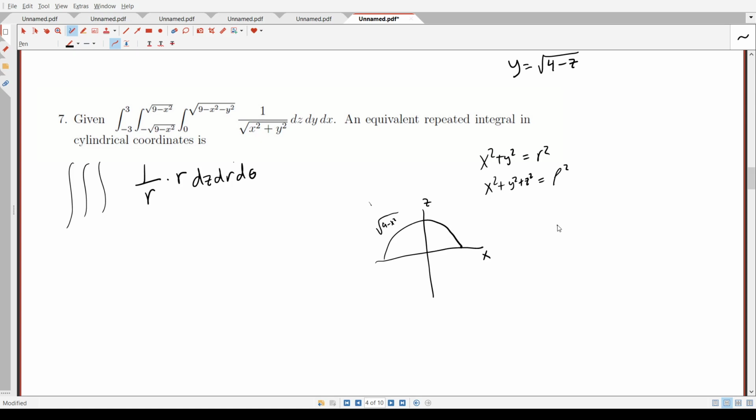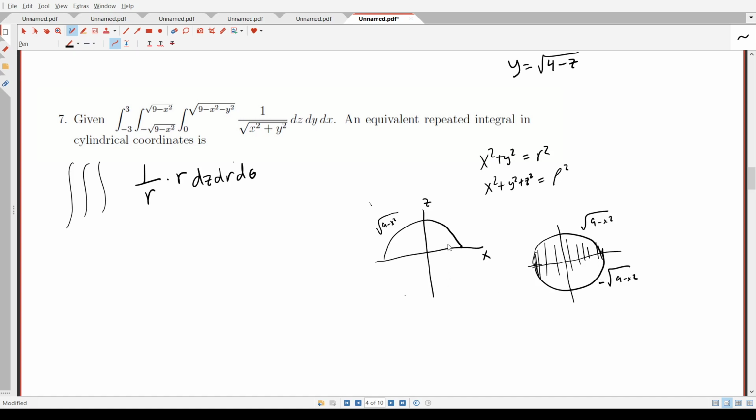Okay, and then if I'm looking straight down on the z-axis, I have this curve, the square root of 9 minus x squared, and I also have the bottom curve, negative square root of 9 minus x squared. And I know that the x-coordinate goes from negative 3 to 3. So these slices start at negative 3 way over here, and they go all the way across to 3.